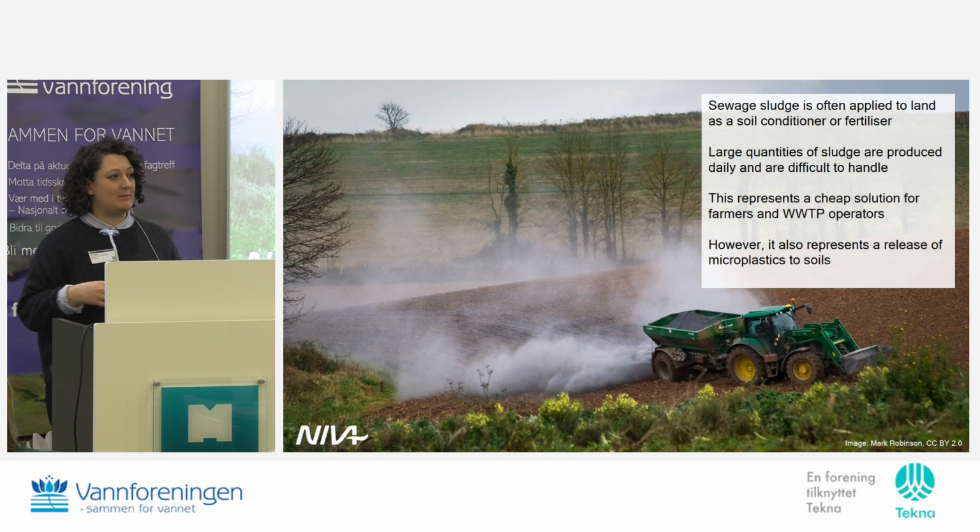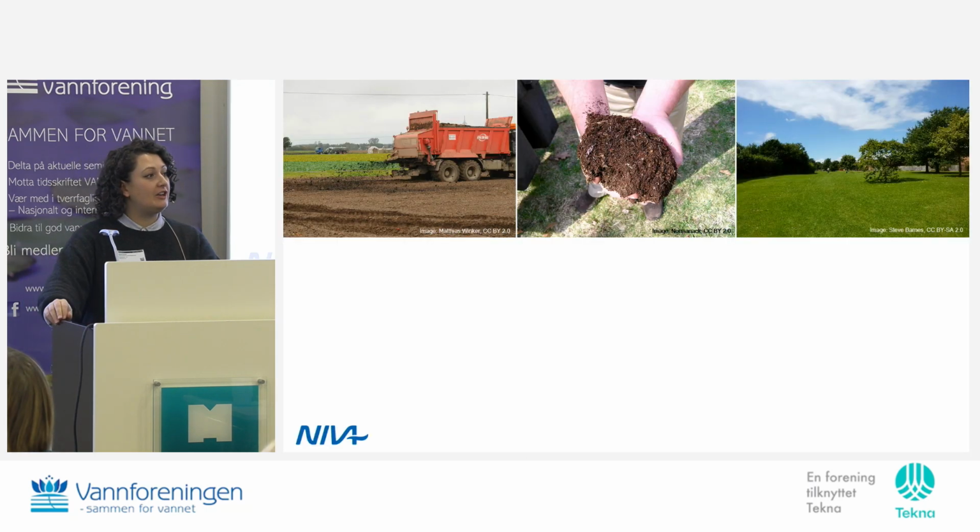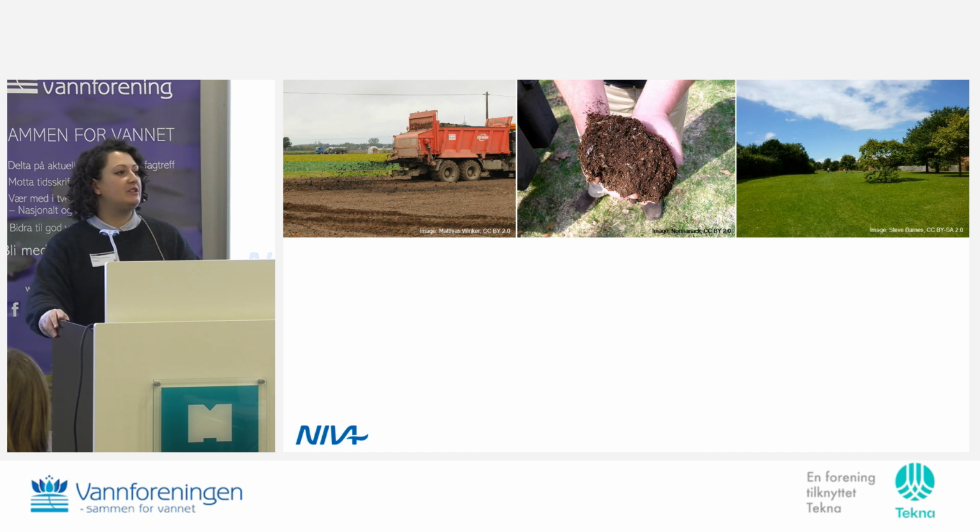Unfortunately, if it's enriched with microplastics from the wastewater treatment plants, it will represent a source or a release pathway for microplastics to soil environments. We had a little look at this in the Norwegian context, measuring microplastics in sludge from a variety of wastewater treatment plants across the country. And we were able to scale this up over the course of one year to see how many microplastics are released to different environments in Norway.